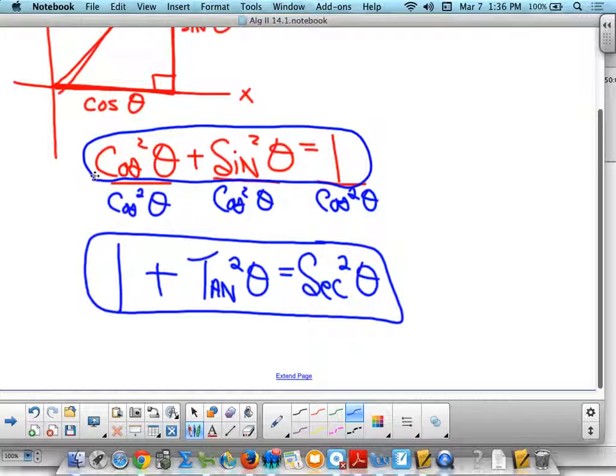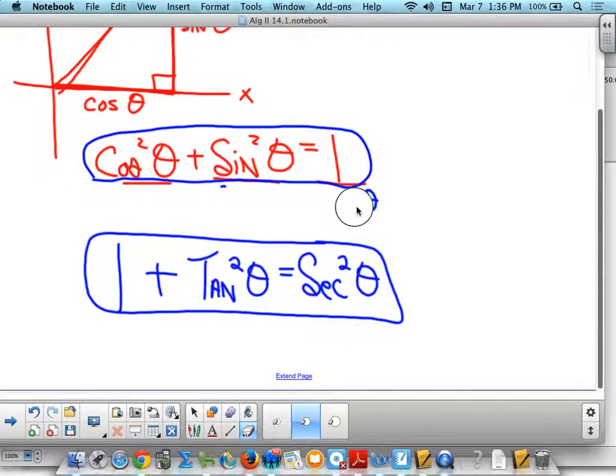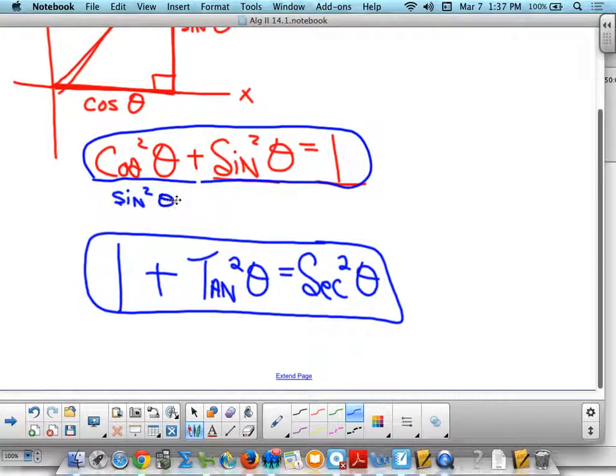Now to get the third one, you know what they did? They didn't divide by cosine squared, they divided by, what do you think? Nobody has a guess? Sine squared. So if you divide by sine squared, what would be the new ones?